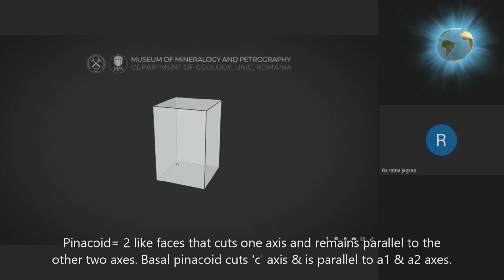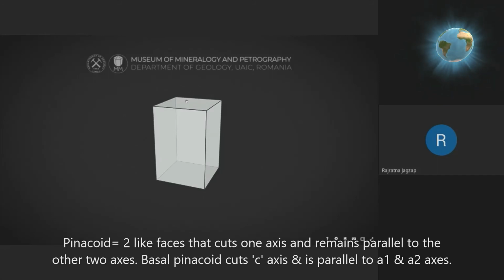If you check its behavior with the different axes, this top face and bottom face cut the vertical axis, the axis passing from the center of the same face. Vertical axis, as you have seen, the red colored C axis. So this axis and this face are perpendicular to each other.